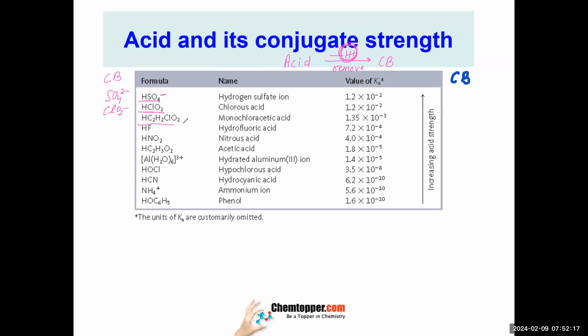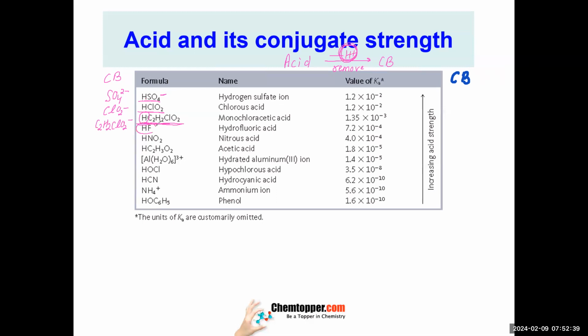This one. And you're going to remove this first hydrogen. What's the conjugate base? Afan, be the first one to answer. C2H2ClO2 and then 1 minus.